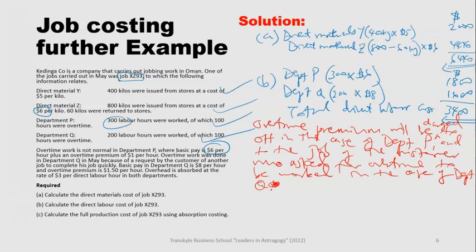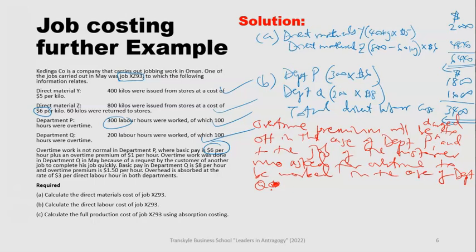But let's go back to department P. 300 labor hours were worked, of which 100 hours were overtime, and it is not normal to pay overtime in this department, so their overtime is going to be an indirect cost. So this is why we are saying that it will come in the overhead.